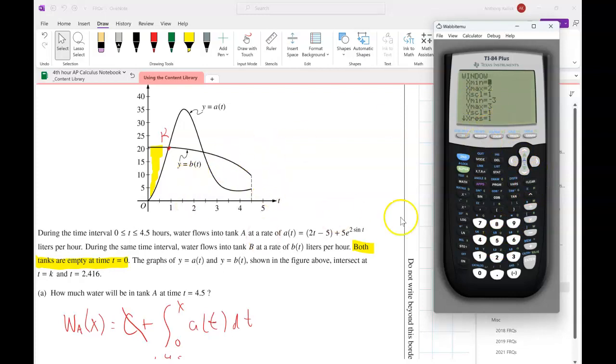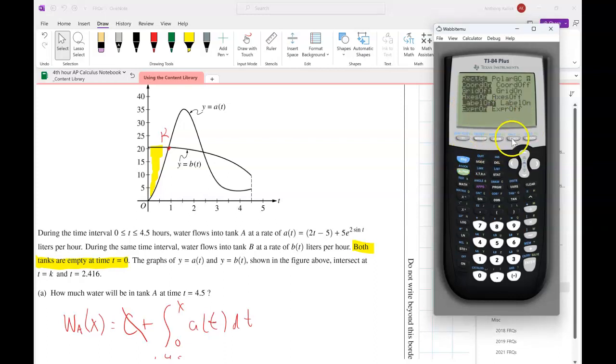Now the window I'm going to pick for my calculator is just going to be the window that they gave me on the graph here. So there's my A of t. Looks just like the picture they gave me. Here's my 20.5. I'm just interested in that first intersection.